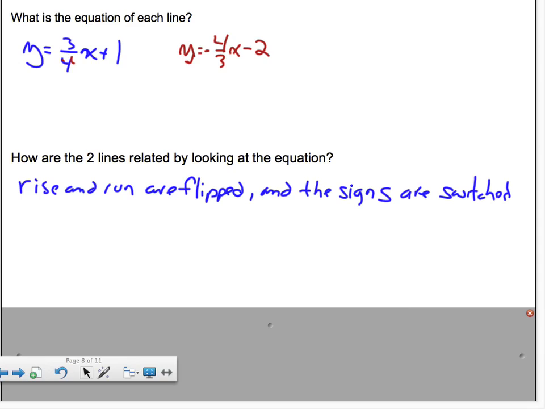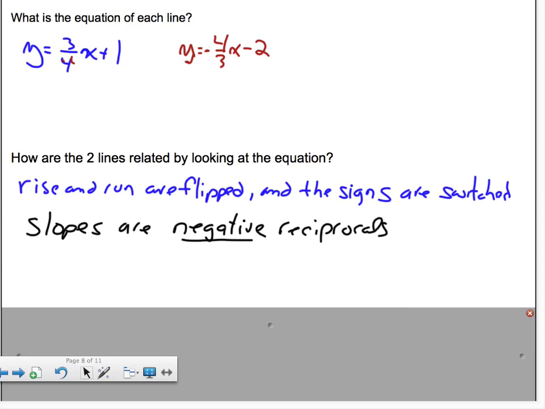So really, what I'm saying is the slopes are negative reciprocals. So we take the slope, and we take the reciprocal of it, and changing the signs means that we're just taking the negative of it.